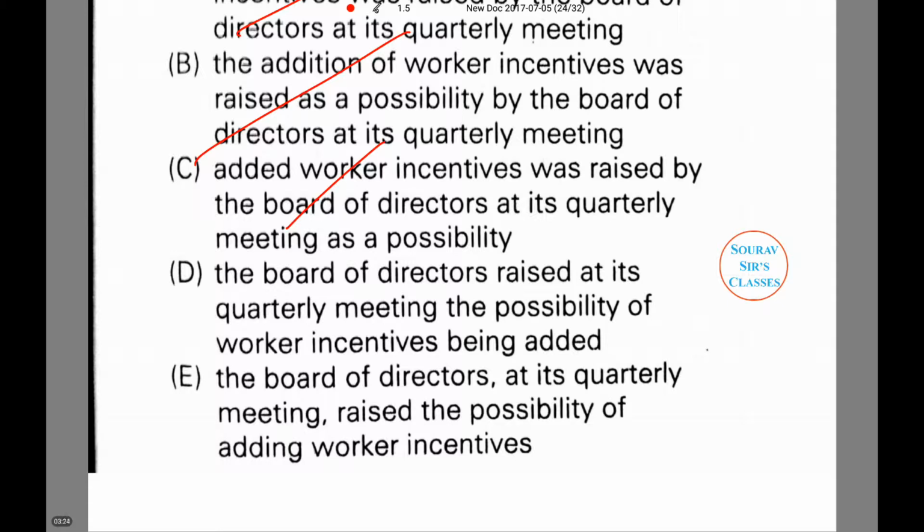Choice E correctly positions the prepositional phrase at its quarterly meeting and avoids the passive phrase "of being added," which is option D. Hence we can cancel option D and E is the correct answer.